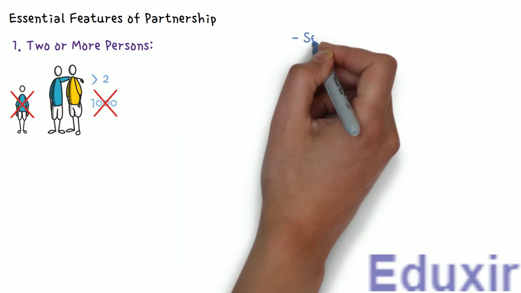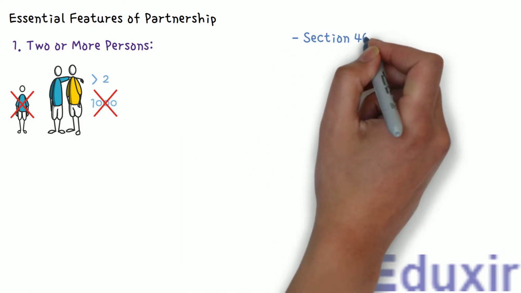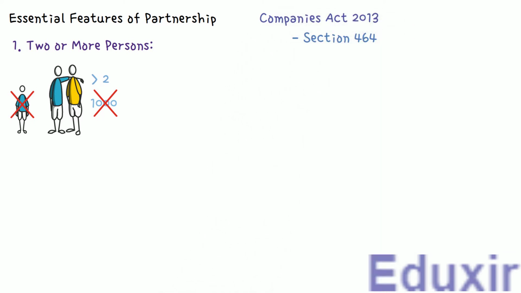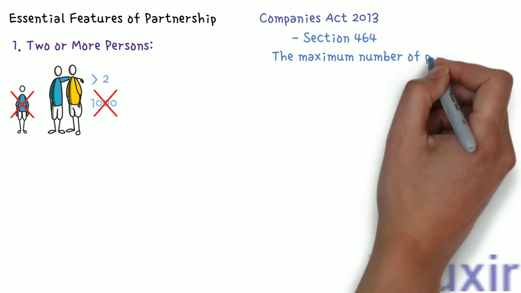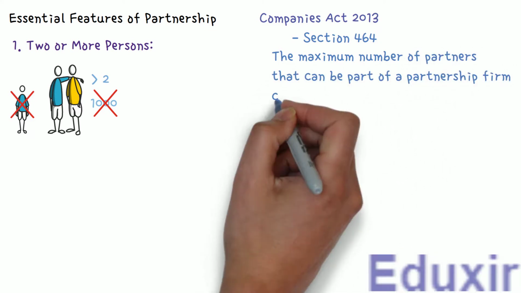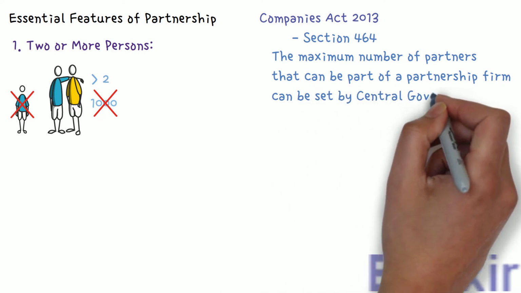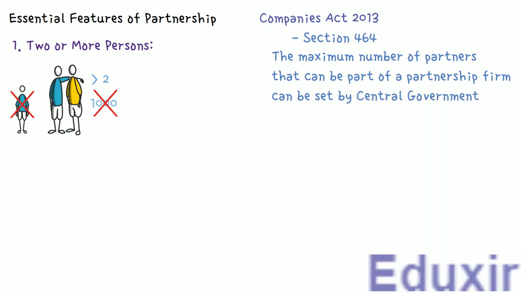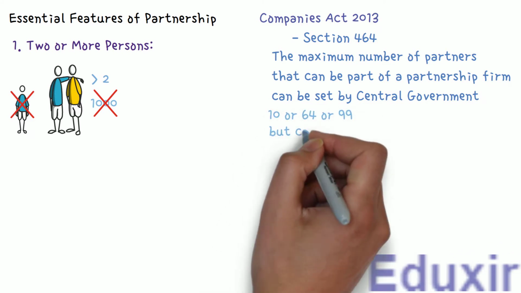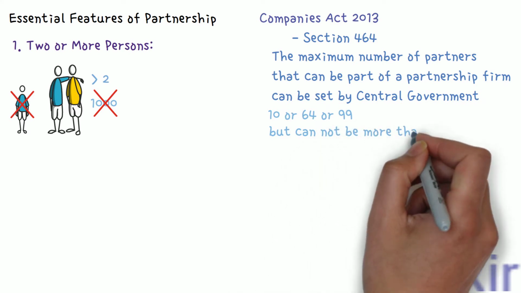As per section 464 of the Companies Act 2013, the maximum number of partners that can be part of a partnership firm can be set by the central government. They can say that the maximum number of partners is 10 or 64 or 99, but this number should not be more than 100.